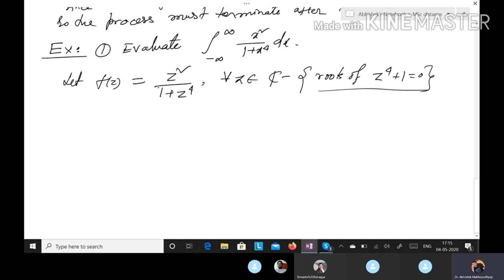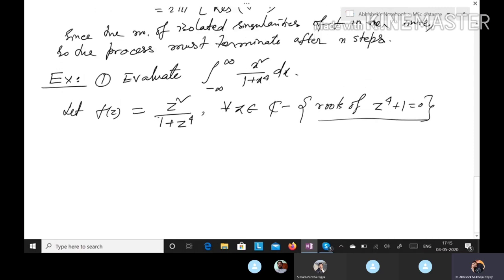Now, to view this problem in terms of Cauchy's residue theorem, we first need to think of a path which is a simple closed path gamma, having the property that it is homotopic to 0 in the defined open set G. So we first consider this path.